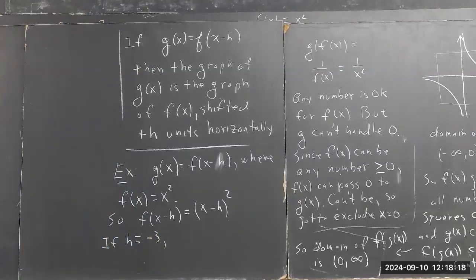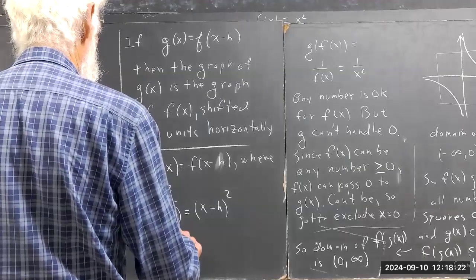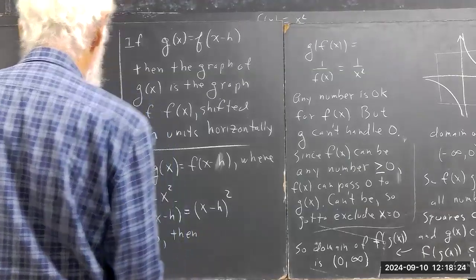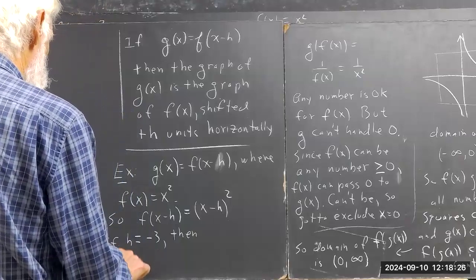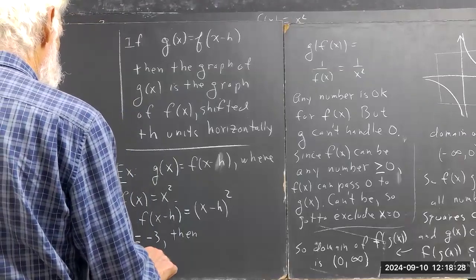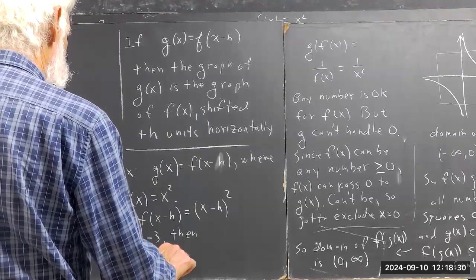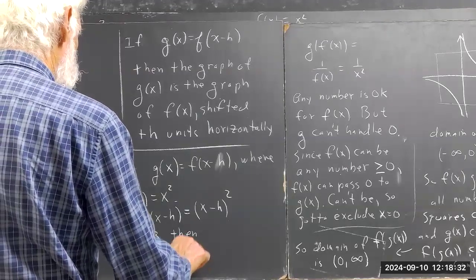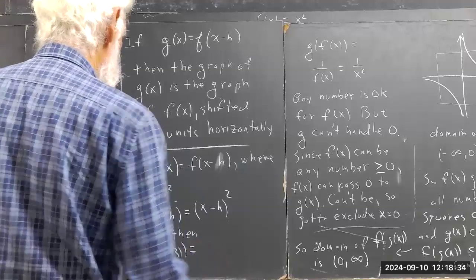H equals -3. Then g of x equals f of x minus -3 equals what?